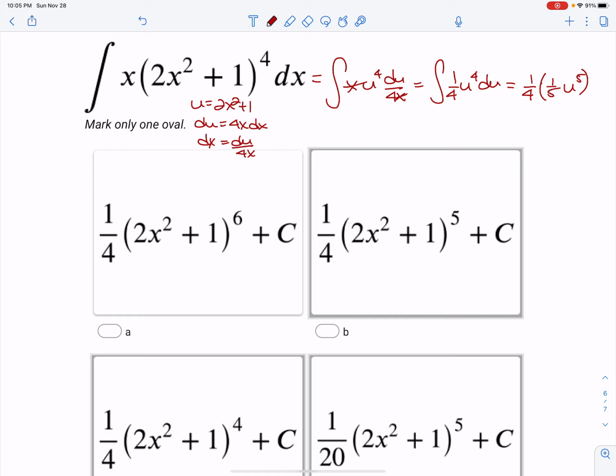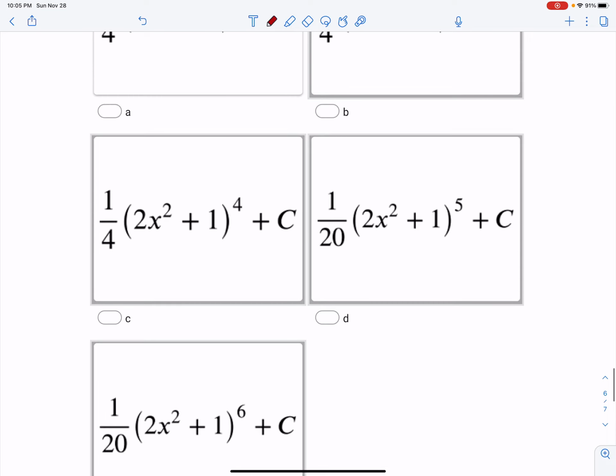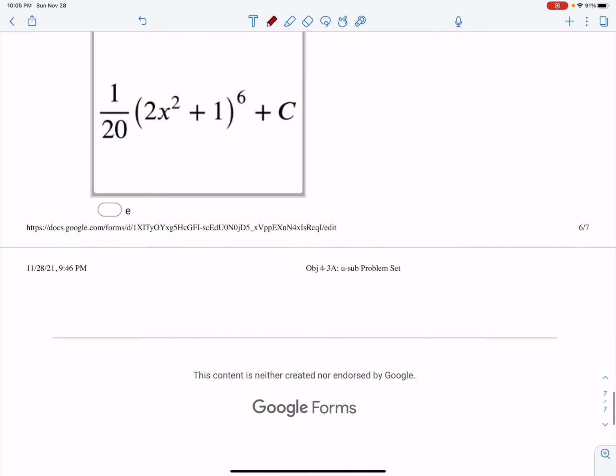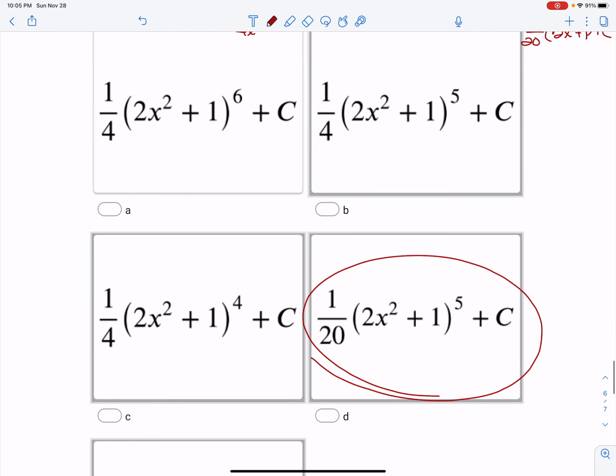So then that's a 1/5 and a plus c. So 1 over 20 u to the 5th plus c. So then 1 over 20, 2x squared plus 1 to the 5th power plus c, which is this guy. Okay, and that's it for this Google form.